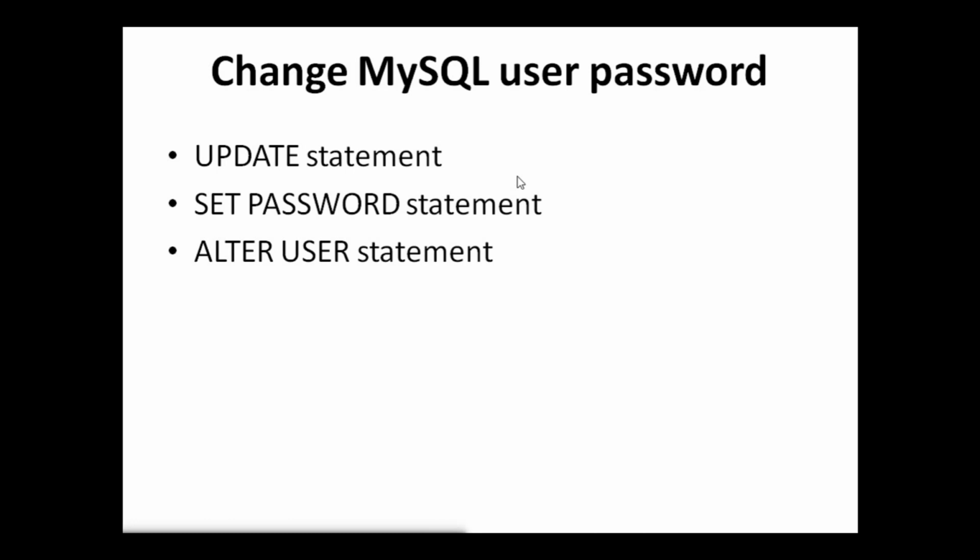And alter is very easy, you can understand how to do it. Which is alter user, then username at the rate hostname identified by this. So that is the easiest one.